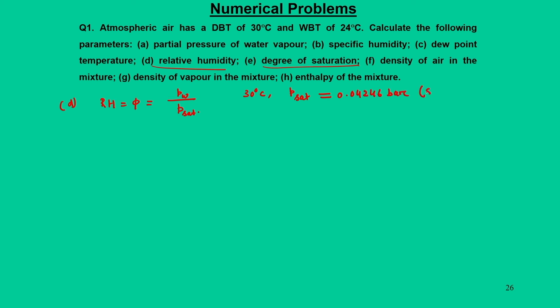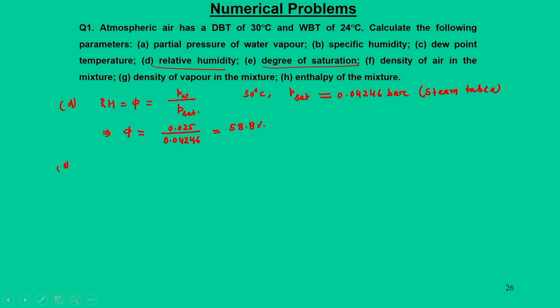So, this we get from the steam table. So, then we can say phi is equal to, Pw is already known to you, 0.025 divided by 0.04246, that is 58.8%.